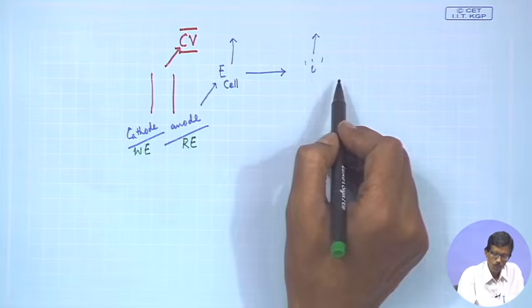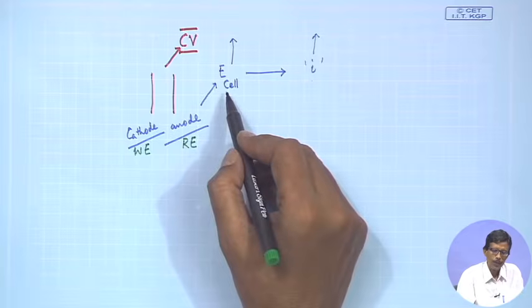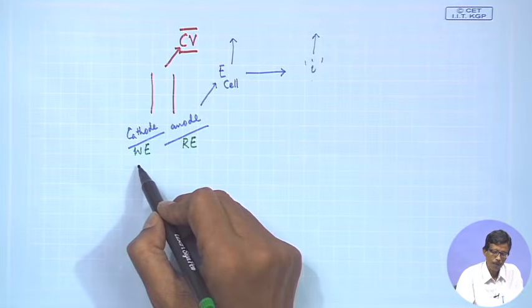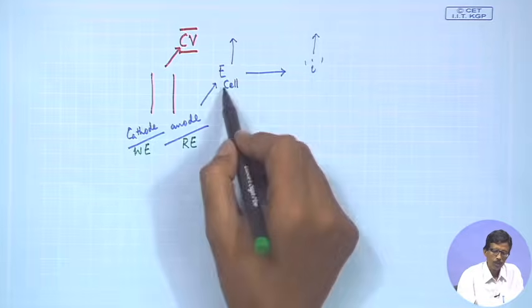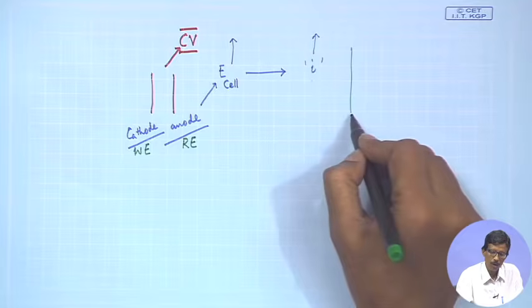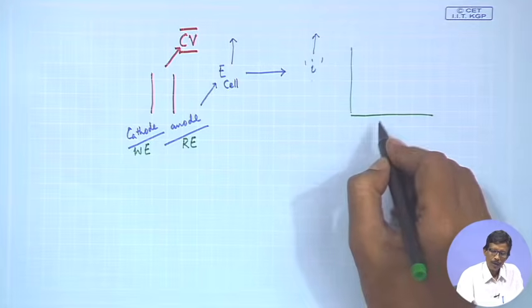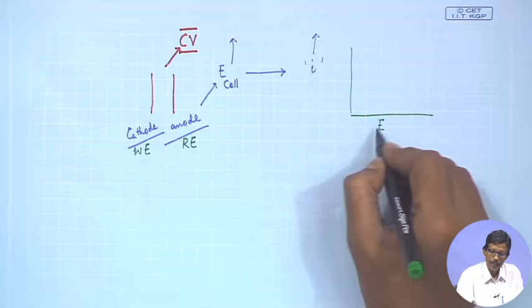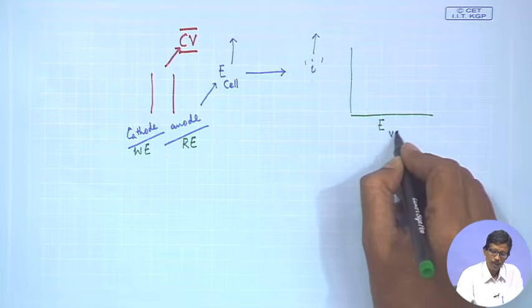But to do so, the potential of the working electrode should be monitored, because whatever plot we get, where your E will be there, E is basically the corresponding potential versus something.